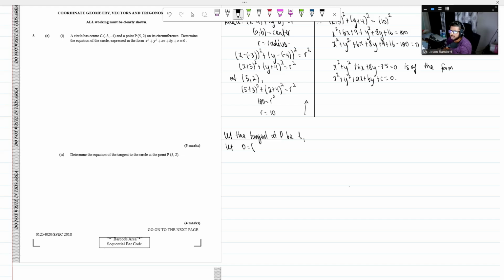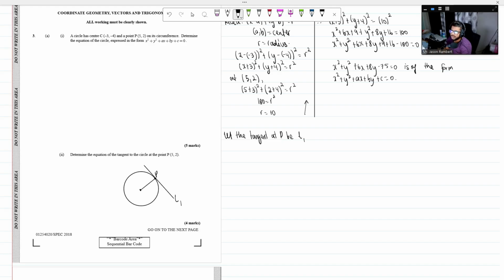Now, the best way to visualize these kinds of questions is to draw it. So we have the center. It doesn't have to be accurate. I have the center, I have a point. This is P. I want the equation of this tangent L1 at P.